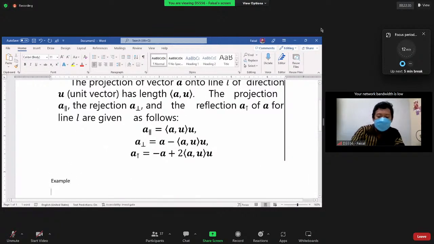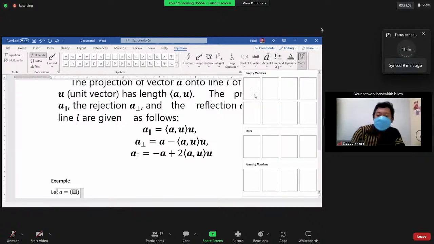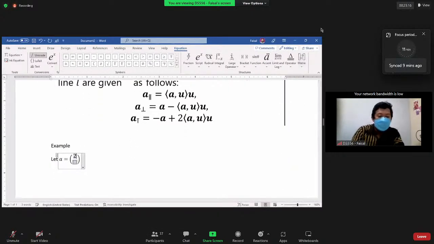So the example is a vector in two dimensions, and for the inner product we use the Euclidean inner product, the usual dot product. Let's say A is the vector (2, 3).